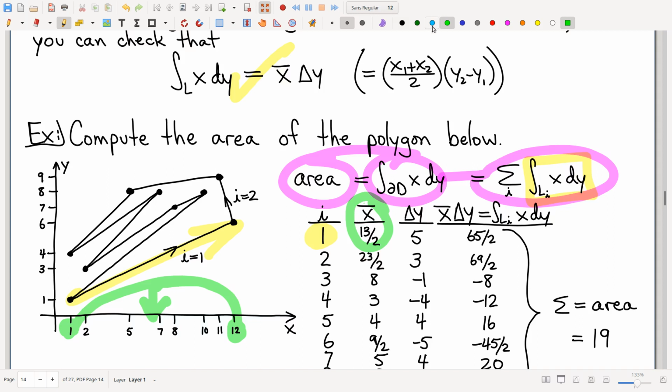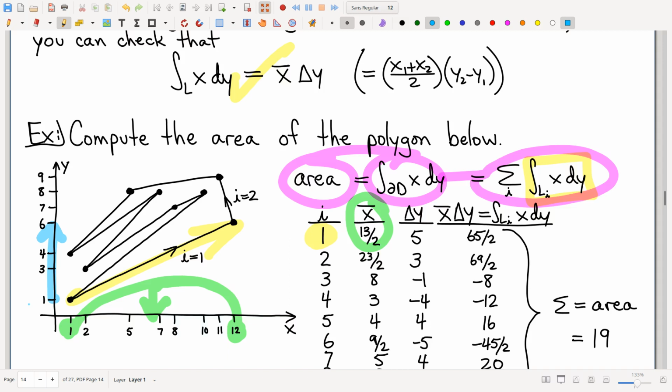Now let's look at delta y. How much does y increase? Y goes from 1 to 6. By the way, the direction does matter. Notice this is not just a line segment, this is an oriented line segment. I'm going from here to there. So y goes from 1 to 6.